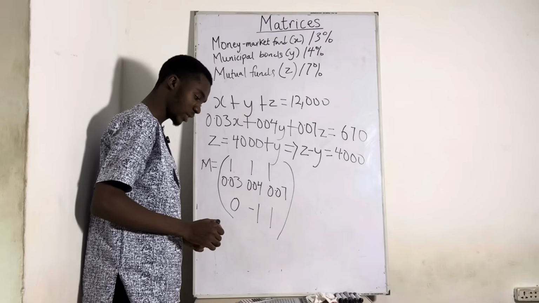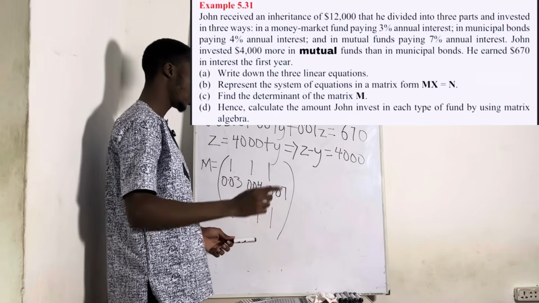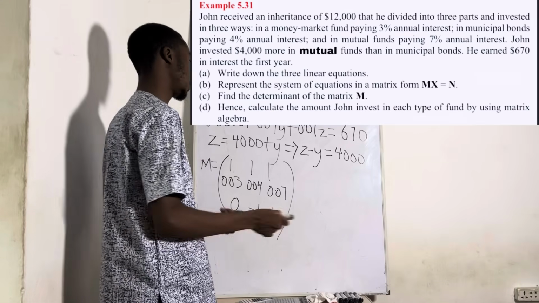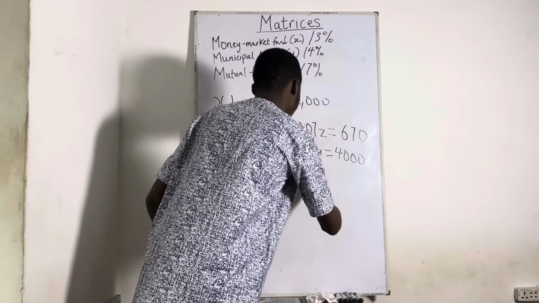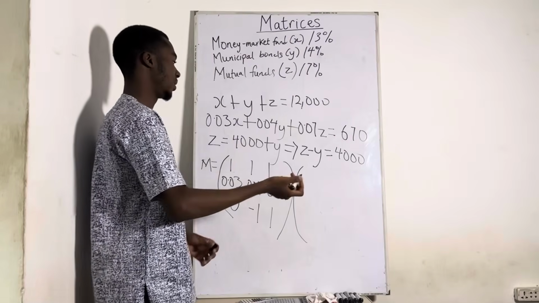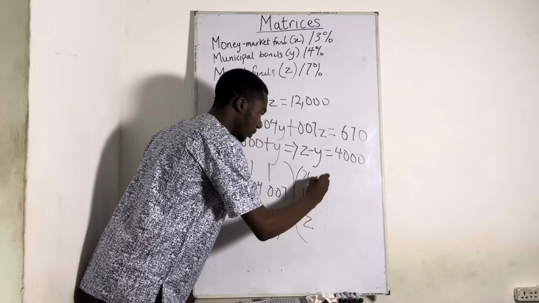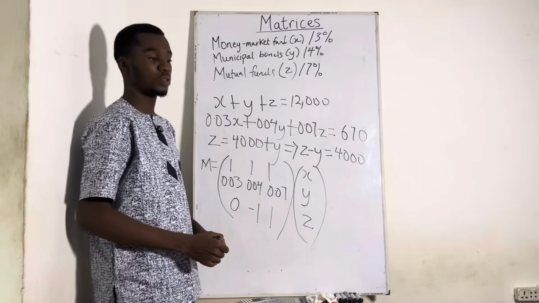Now the question says you should write the equations in matrix form MX = N. So we write our X. Our X is simply the variables, X, Y, Z. This would also depend on the variables you decide to use.